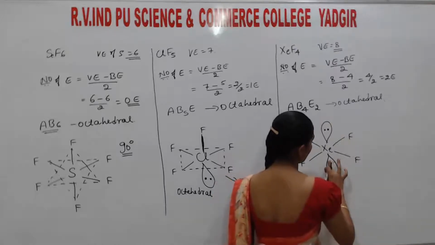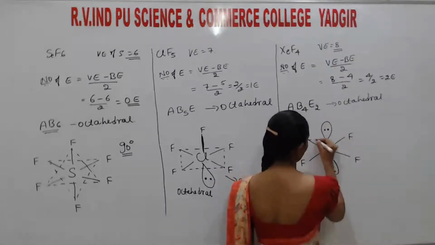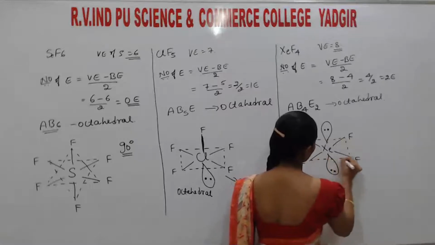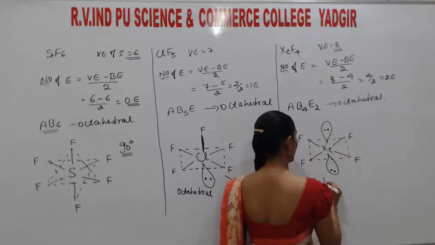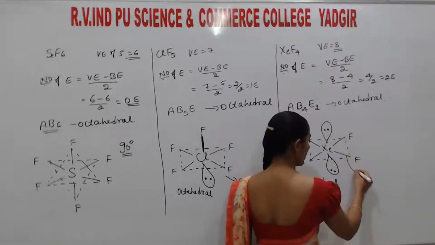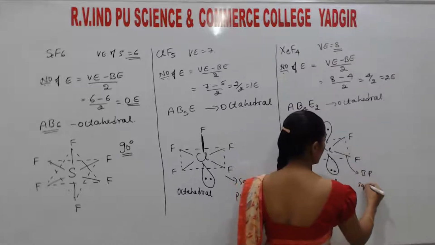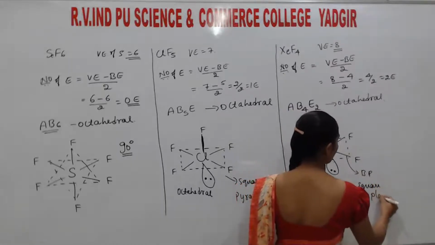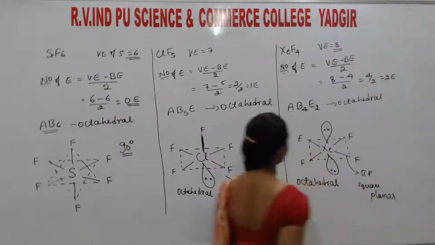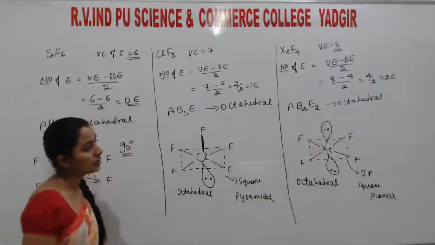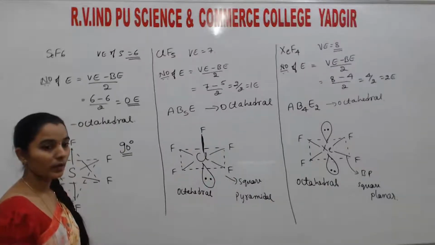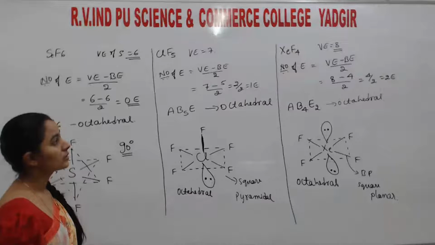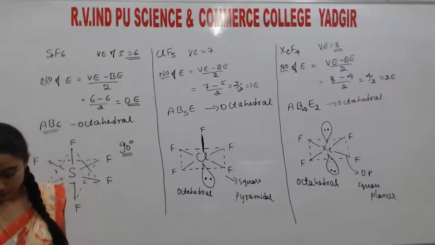So students, if you consider the lone pairs of electrons, I simply write like this, including one pair. If you consider the lone pairs of electrons, this is octahedral in structure. If you consider only bond pairs, then it is square planar. Okay, this is the square planar structure. Are you getting it? This is how to find out the structure.